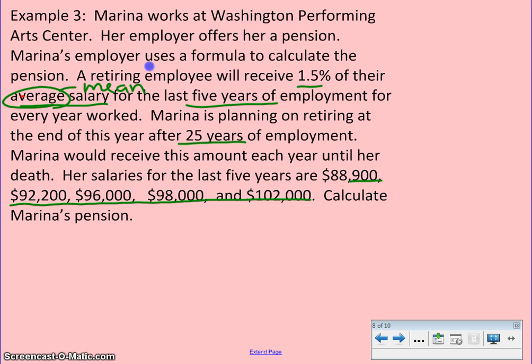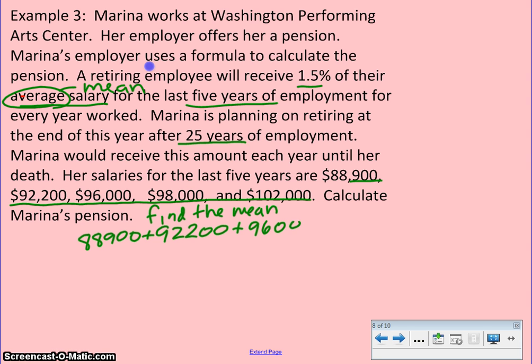Calculate her pension. Well, the first thing that we're going to have to do here is find the mean of the salaries, or the average of the salaries. So we're going to take these 5 values, and we are going to add them together. And then we're going to go ahead and divide by how many there are. And in this case, there are 5 years of employment that are being looked at.